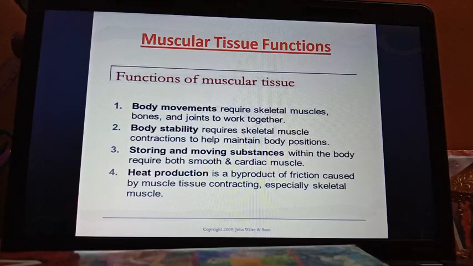Then storing and moving substances within the body, that requires both smooth and cardiac muscle. And last is heat production. That is a byproduct of friction caused by muscle tissue contracting, especially skeletal muscles.